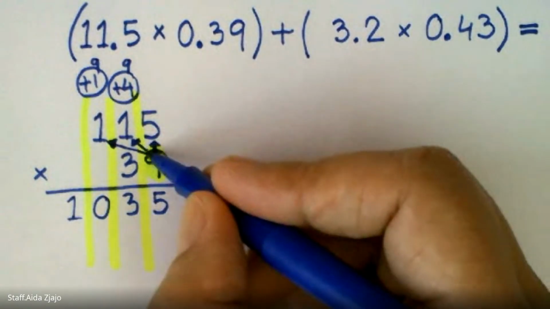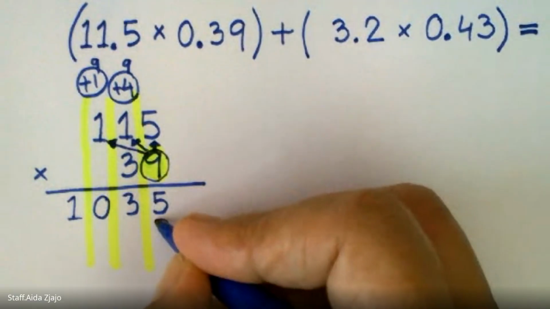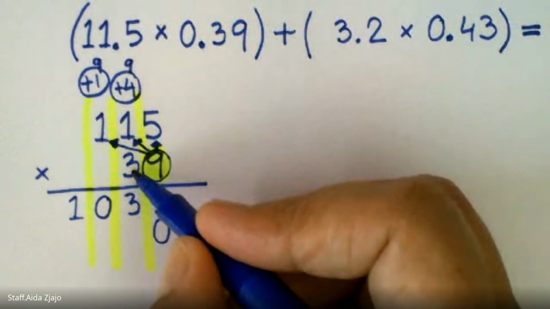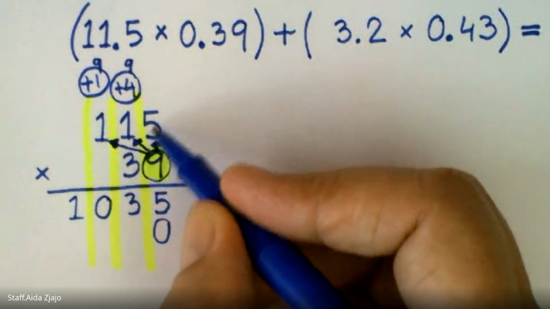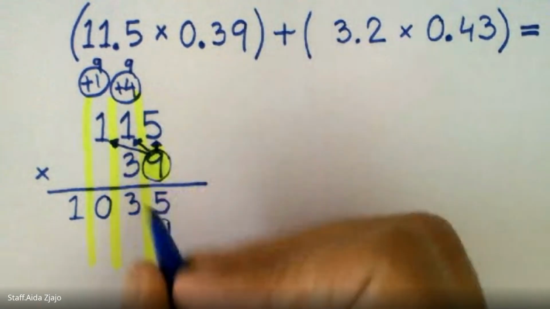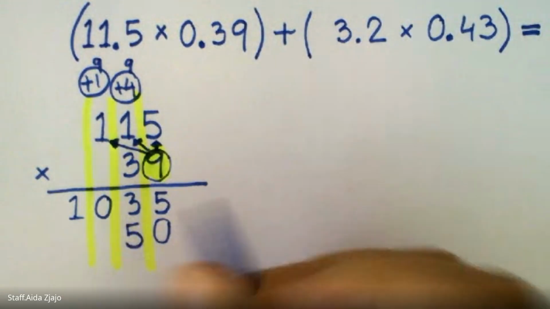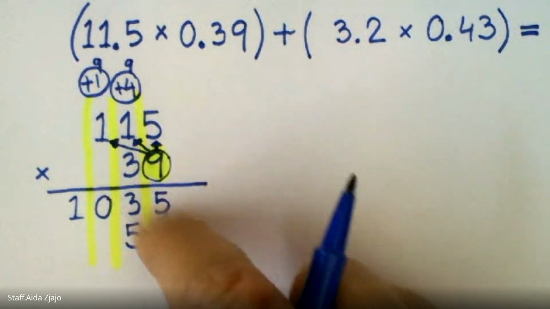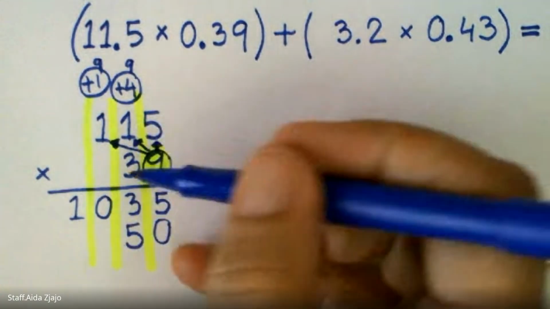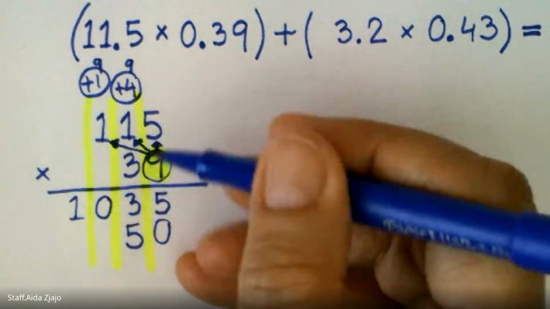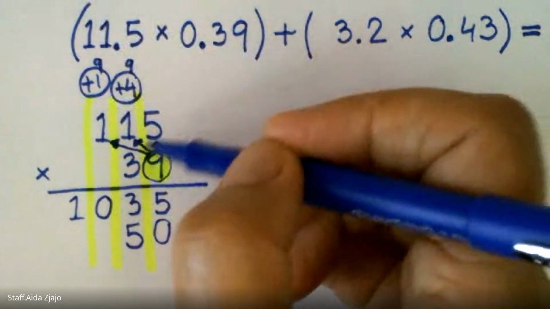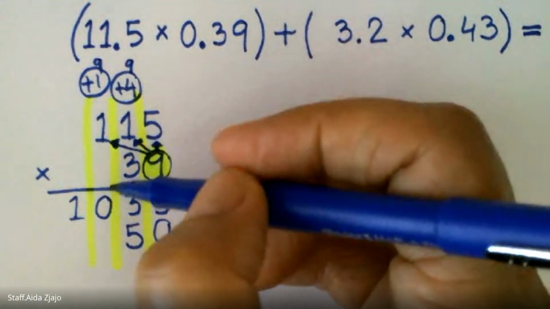Now I'm done with ones, so I need to leave a placeholder for ones, and then I will do 3 times 5, 3 times 1, and 3 times 1 again. What I'm doing is really 30. 3 times 5 is 15. I remember 1. 30 times 5 is 150.